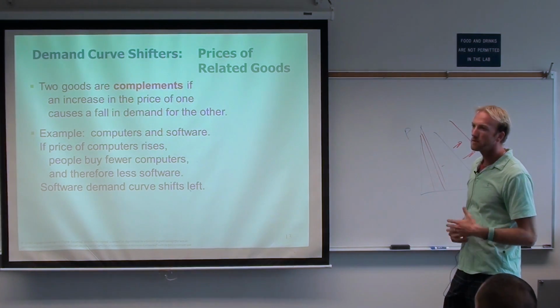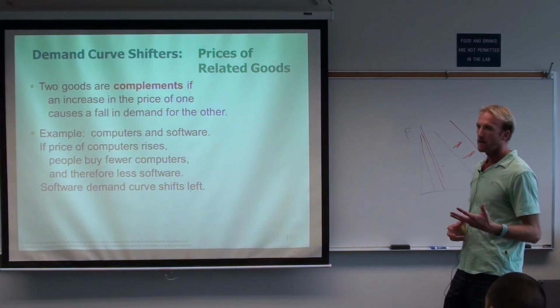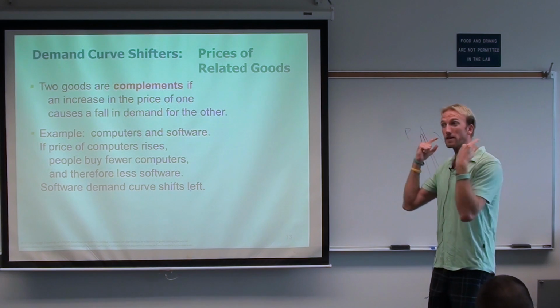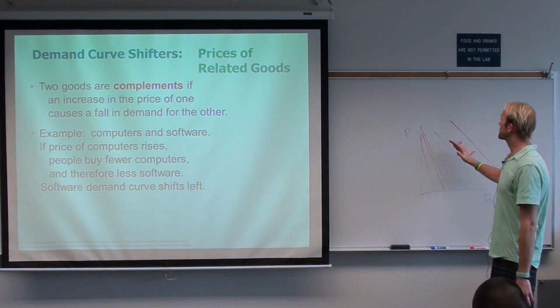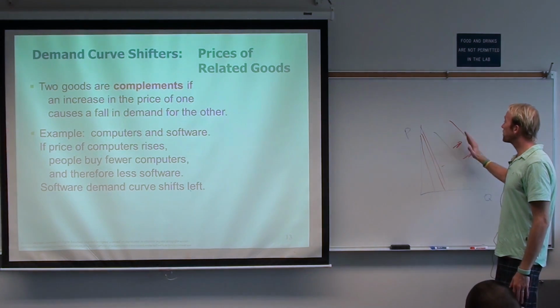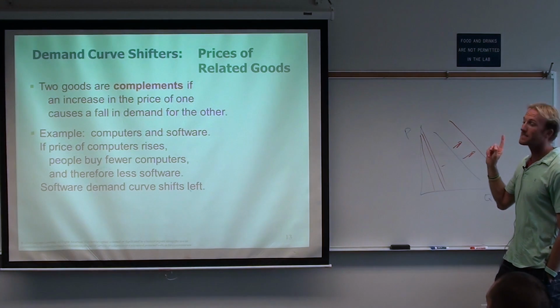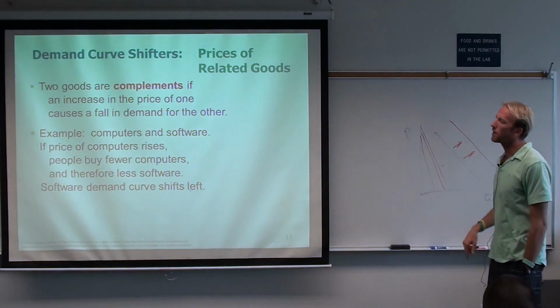Well, if whipped cream gets more expensive, then I'm going to buy less whipped cream, which means I'm going to buy fewer lattes, even though the price of lattes is not changing. Okay? So therefore, I have to show that by a change in the demand curve, because it's something other than the change in the price of the latte.